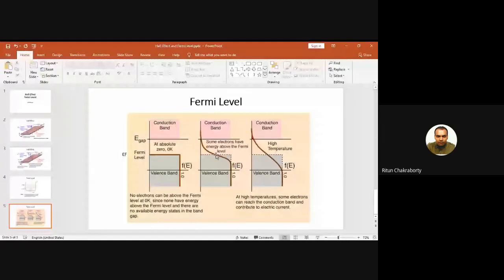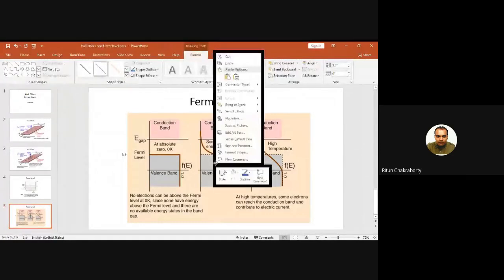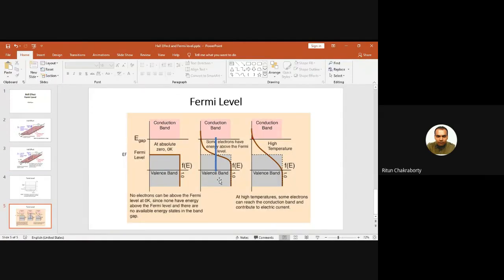Maybe I have to draw a small straight line. Okay, I have drawn a small straight line. This blue line, in some note I might have written this, but I have to find that note.